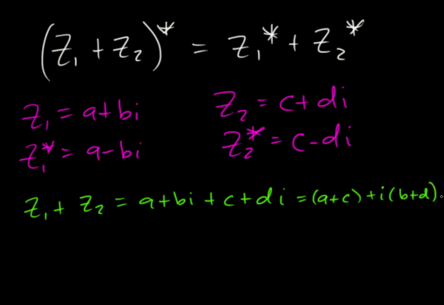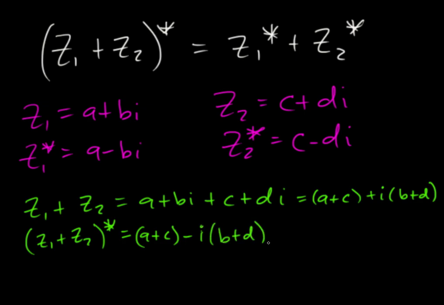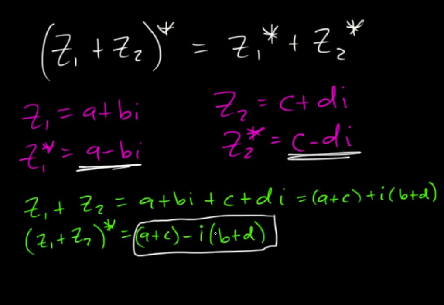And then if we took the conjugate of that, that's going to be a plus c minus i(b plus d). So the left side of our equation is going to be this, if we approach it that way. Now, if we just take this plus this, we're hoping it equals this.